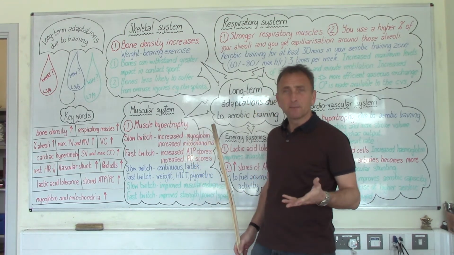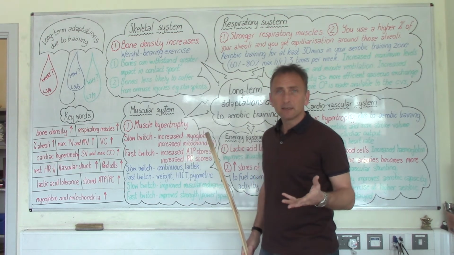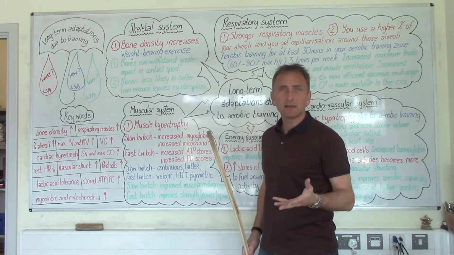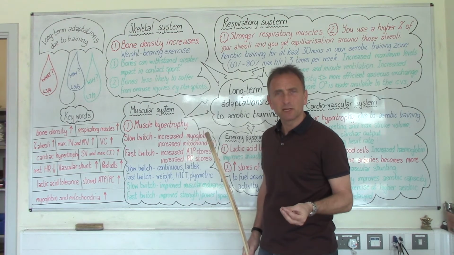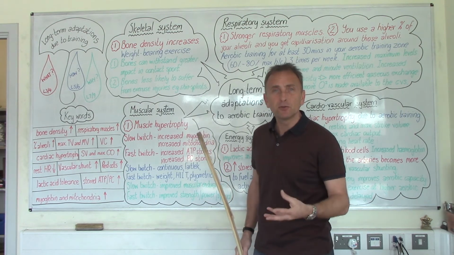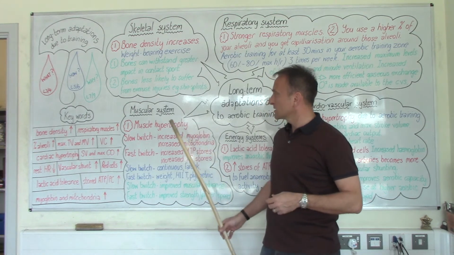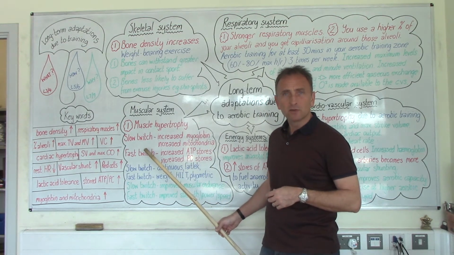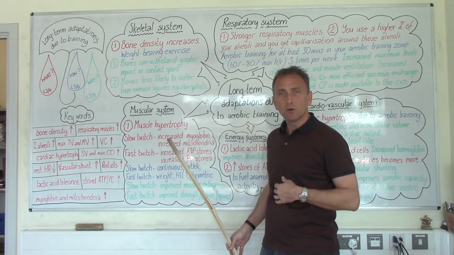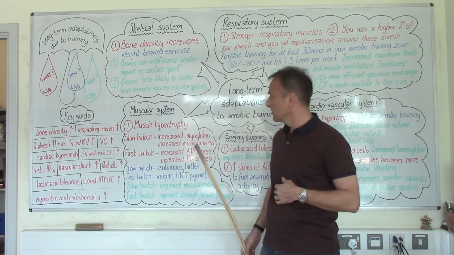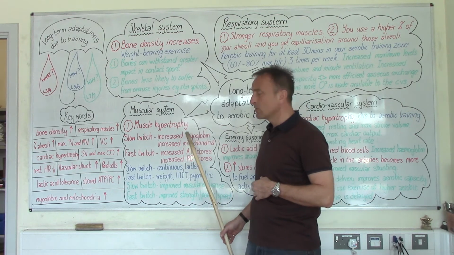Well, it's got to be aerobic training 3 times a week, at least half an hour in your aerobic training zone, 60 to 80% of your maximum heart rate. If you do that training, then you're going to get slow twitch improvements. You're going to get limited slow twitch hypertrophy. The most important thing about those slow twitch fibres is that you increase your amount of myoglobin.